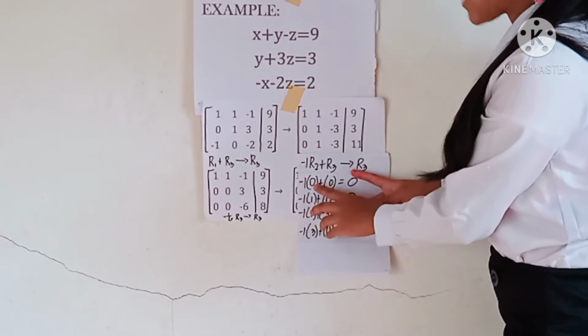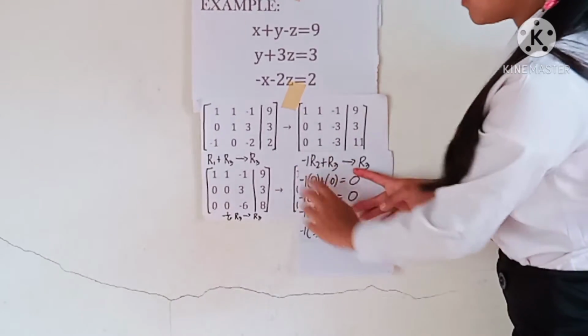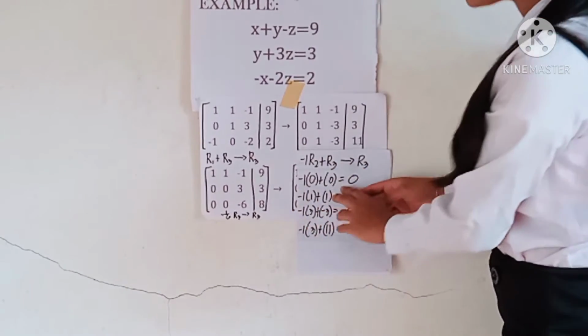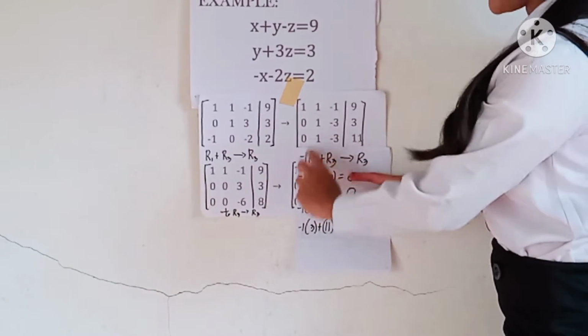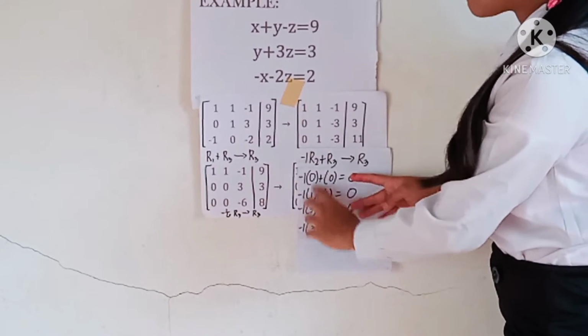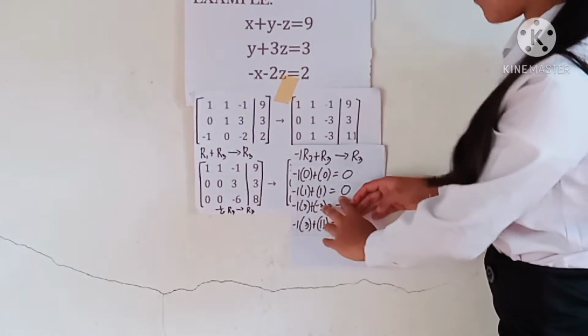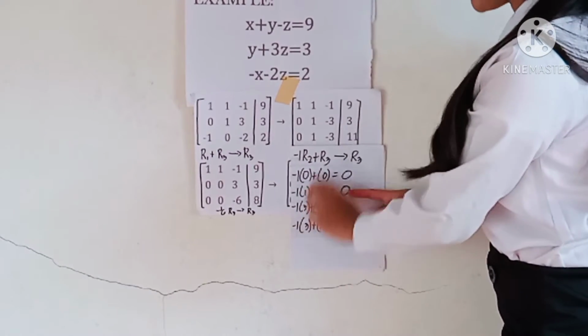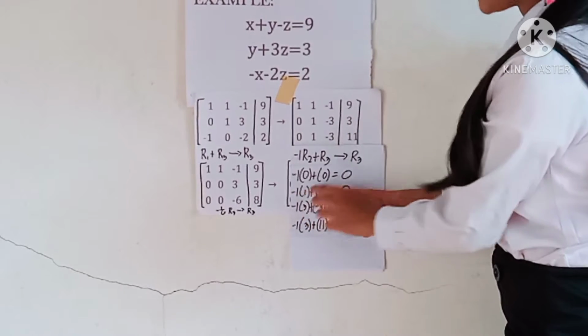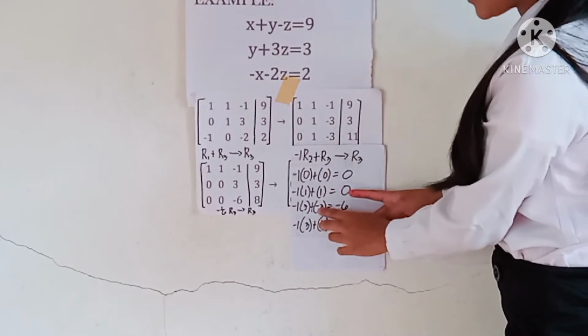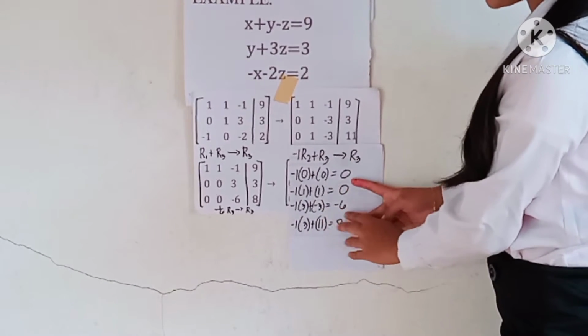Negative 1 multiplied by 0 on row 2, plus the 0 on row 3, is equal to 0. The negative 1 multiplied by 1, plus 1, equals 0. The negative 1 times 3 plus negative 3 is equal to negative 6.